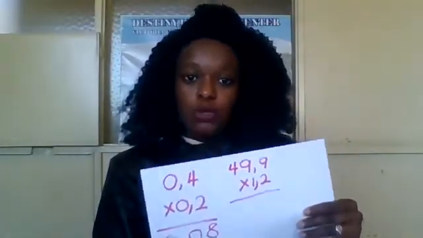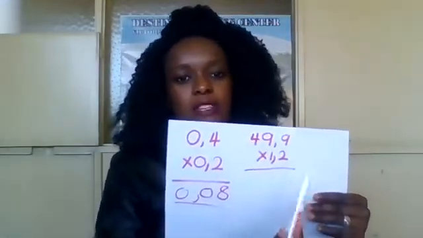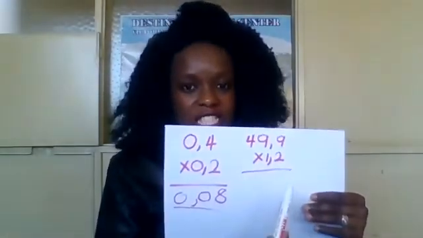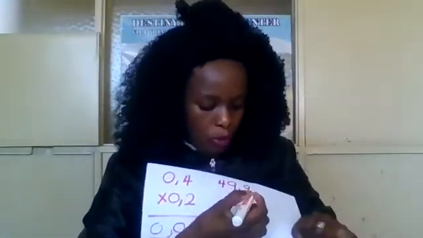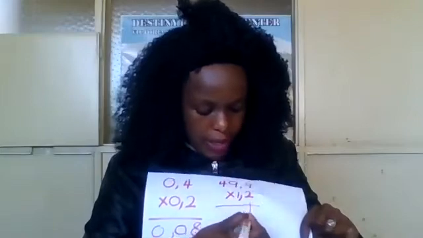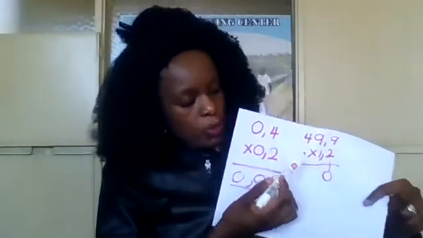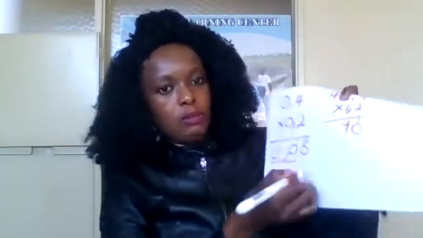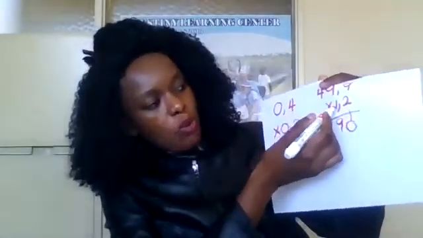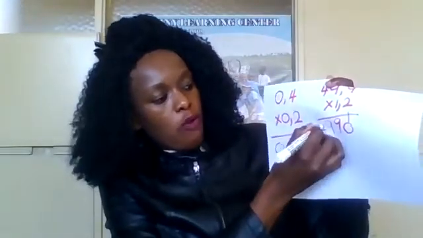Not that we change them, we just treat them so that we are able to multiply. This is multiplication by 2 digits. So what do we do? We firstly put down a 0 as a placeholder. Then we multiply by 1. So we say 1 times 9, it's a 9. We put our 9 down there. Then we say 1 times 9 again, 9. 1 times 4, 4. Okay?